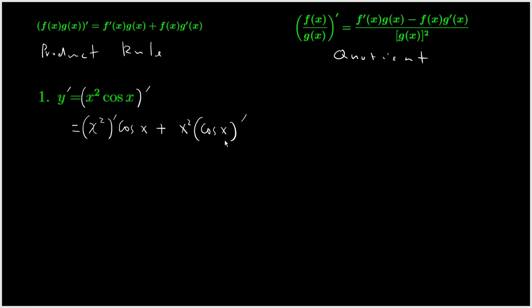And then each of the derivatives are in the basic formulas, right? The derivative of x squared is equal to 2x according to the power rule, and then times cos of x, and then x squared times the derivative of cos of x, which is negative sine of x.